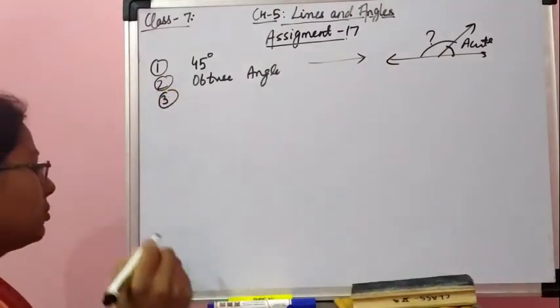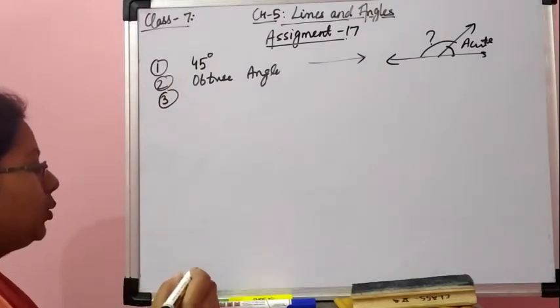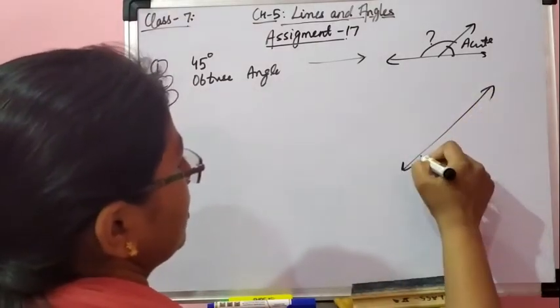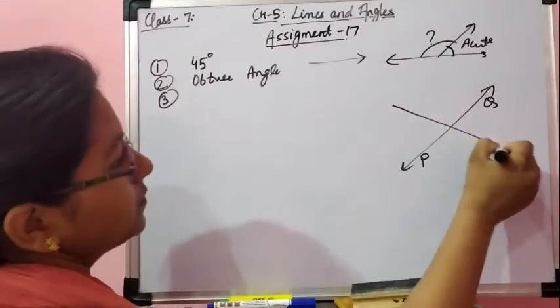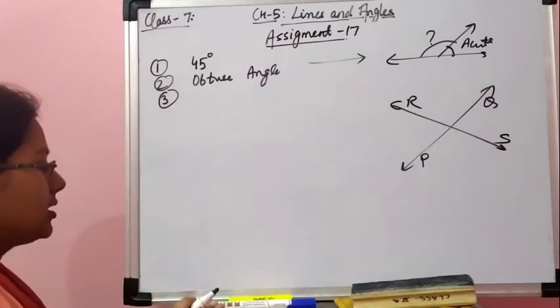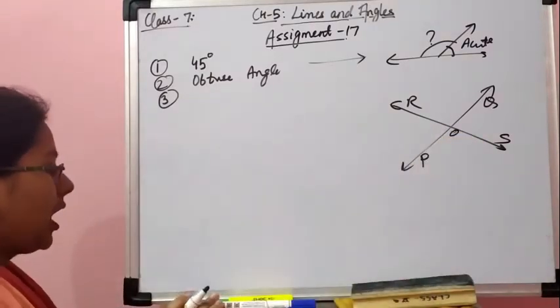Now coming to question number 3. In the third, PQ and RS, the diagram is made like this. This is PQ and then RS. So PQ and RS intersect at point O in the figure given above.